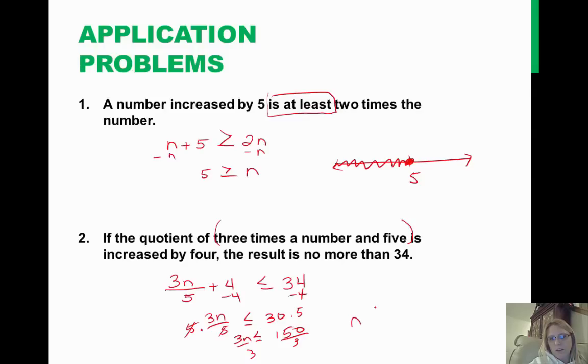I would have n is less than or equal to 50. So our answer on this one is n is less than or equal to 50. If I were to draw that on the graph, it would be 50 with a solid dot and would be going to the left because n is smaller than 50.